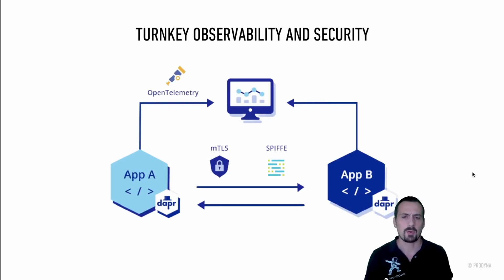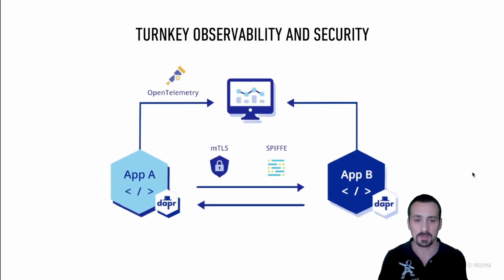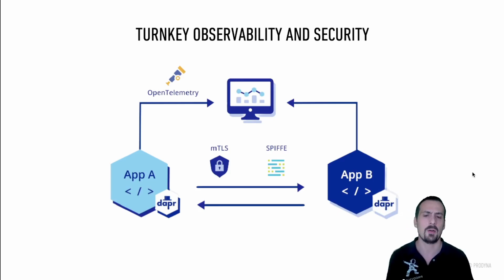One thing that Dapr provides out of the box for all these components and building blocks is a rich set of telemetry, metrics and trace information, because Dapr knows about the interactions between our services. So Dapr can inspect all the requests and interactions, and can send a lot of metrics out of the box.